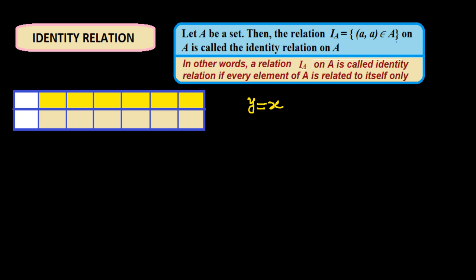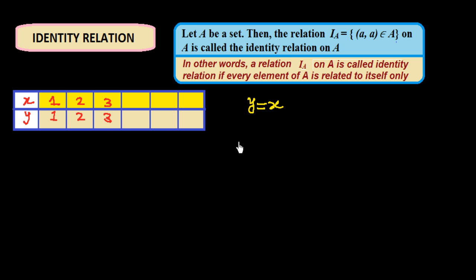I would like to explain here. If I put 1 for X, we get 1 for Y; put 2, we get 2; put 3, we get 3.